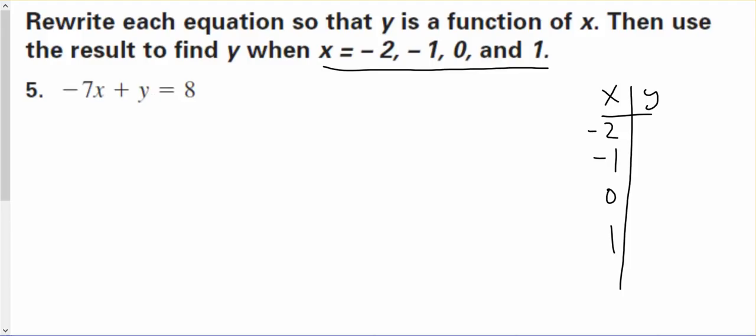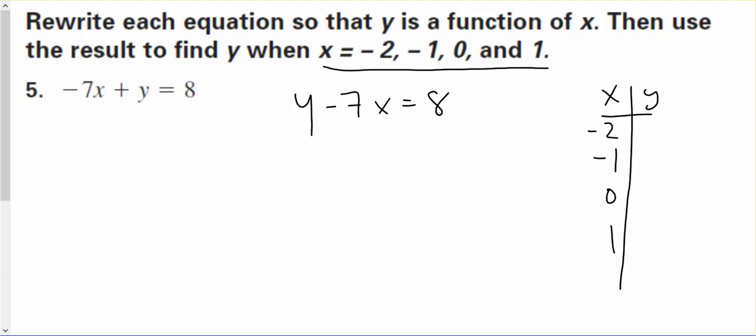So we look at this equation and we say, what's happening to the y? Well, y is being added with a negative 7x, or it's subtracting 7x. This is the exact same equation as y minus 7x equals 8. The order doesn't matter, so here it's a little easier to see what is happening to the y. The y is being subtracted by 7x.